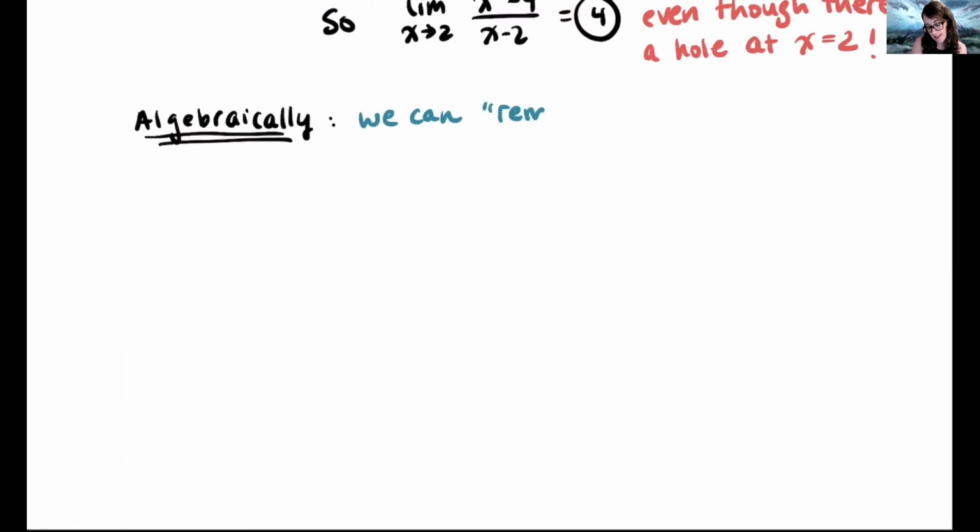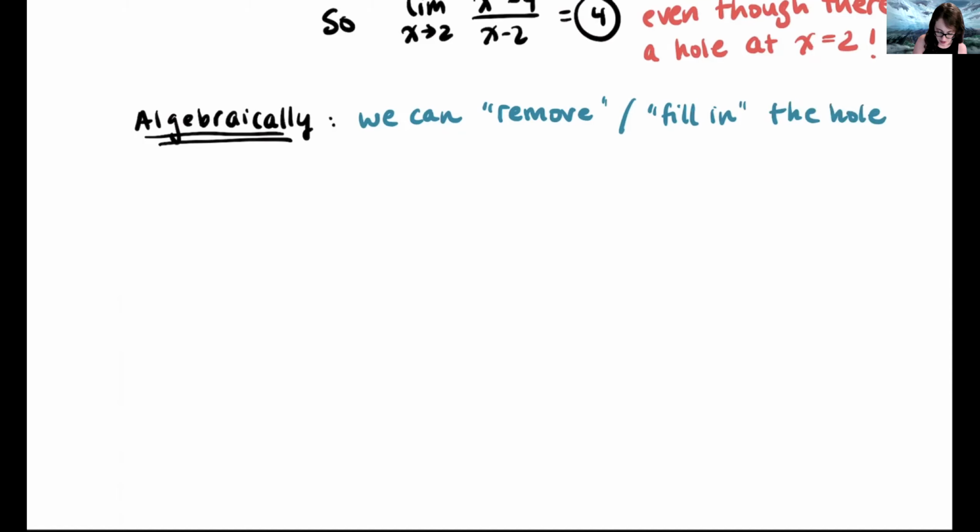I don't really like this, because removing a hole, I don't know. I feel like it makes more sense to say that we're filling it in. But yeah, let's see how that looks. And we'll talk about this method in depth for various kinds of functions in a later video.